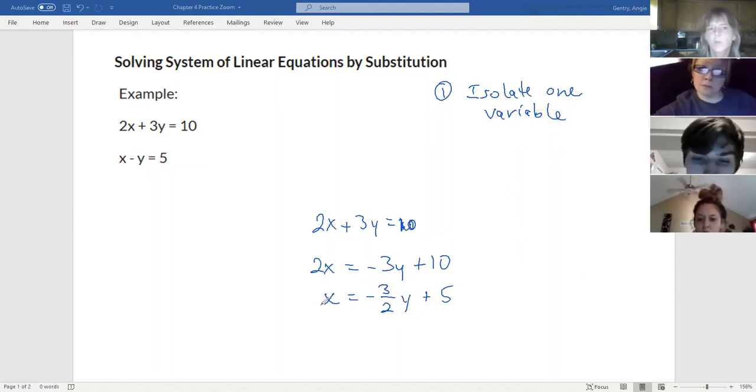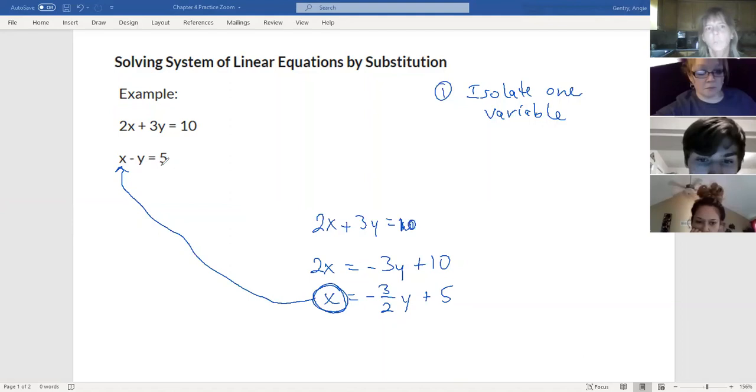This is called substitution. You would then take this piece and substitute it into the other equation. If you plug that in here, it's not a big problem, but most of you don't like fractions, and then you have to clear fractions and do a ton of work. So this is where you make a good decision. You want to pick the easiest one.